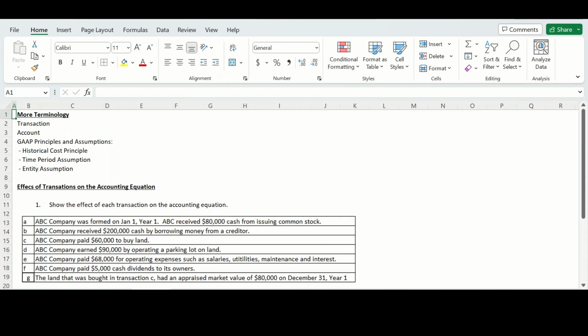Now the first principle we have here is the historical cost principle, which says that assets are recorded at the price paid. And this can also be called the cost principle.